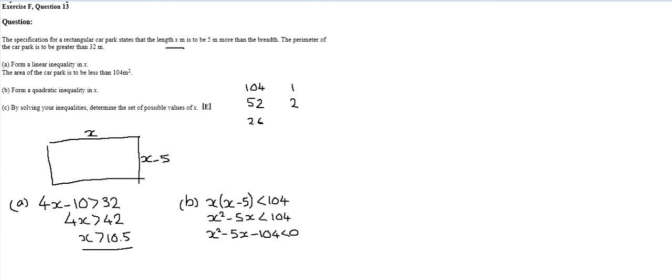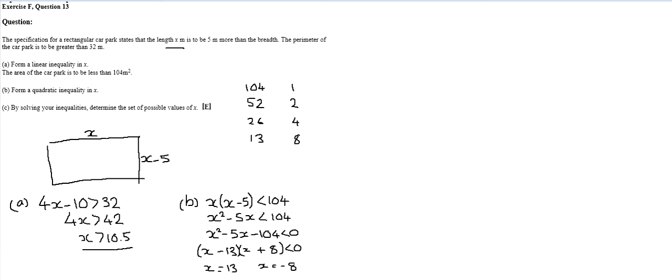Half this one, double this one, and I can see I've got a factor pair with a difference of 5. I was worried there for a second, but this is going to be fine. So let's put a 13 there and an 8 there. How do I make this negative 5? Well, it's got to be negative 13 plus an 8. And I get critical values of 13 and minus 8.